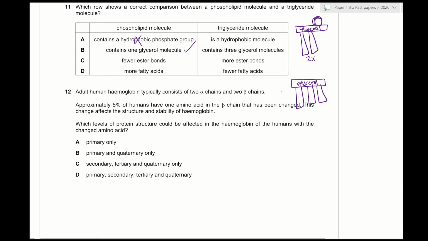Therefore, here the triglyceride has 3 ester bonds, and because here we have 2 fatty acids, it's going to be 2 ester bonds. So, phospholipid molecule does have fewer ester bonds. This is correct. D. More fatty acids and fewer fatty acids. As we all know, this is incorrect. And the correct answer is going to be C.